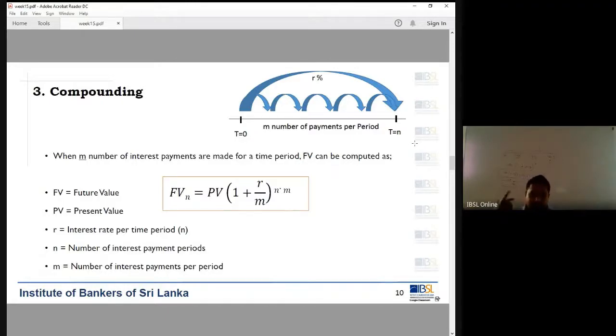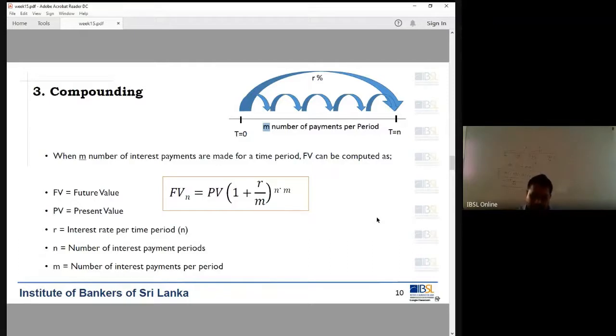So instead of the 10 rupees being paid at T equals N, it may be somewhat lower if you add it up. Something in between is going to be paid for the time period of N. The frequency of those is denoted by the simple letter M here.